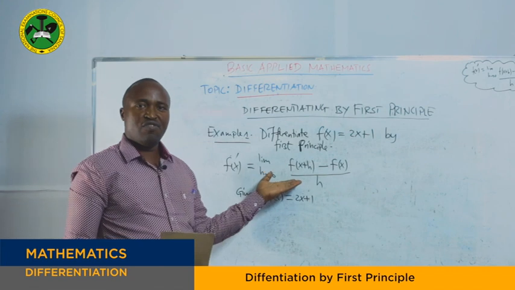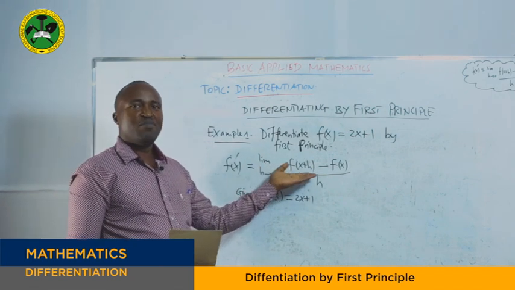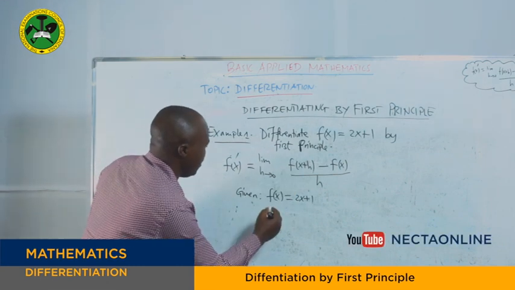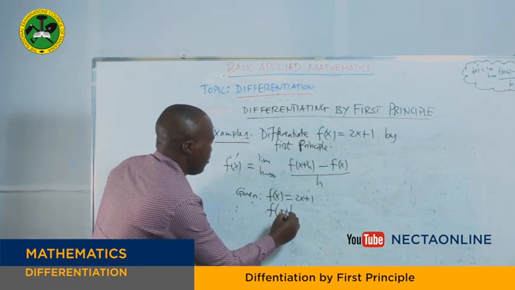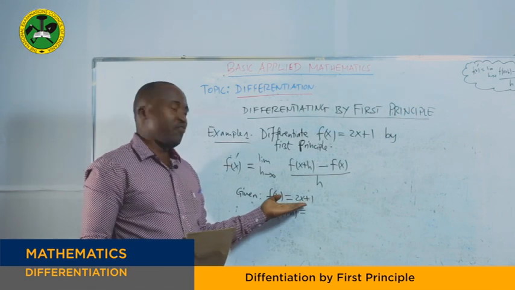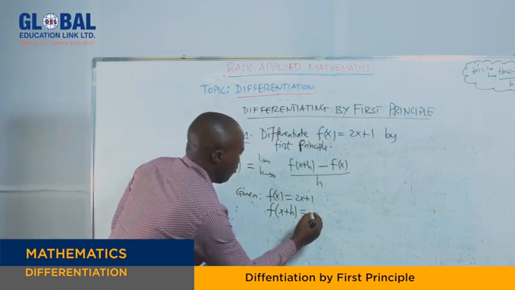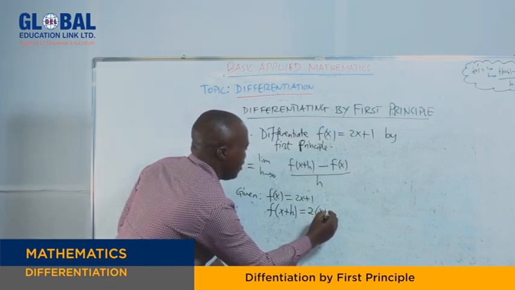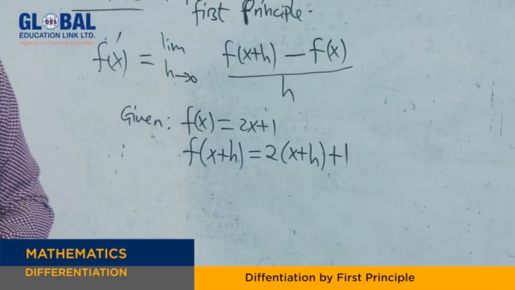Then again, if you look very carefully at our general formula, we have f of x plus h. That means by using our function, just write f of x plus h. This is equal to, when we reach the variable x, we just add h. So this is 2 times x plus h, then plus 1.